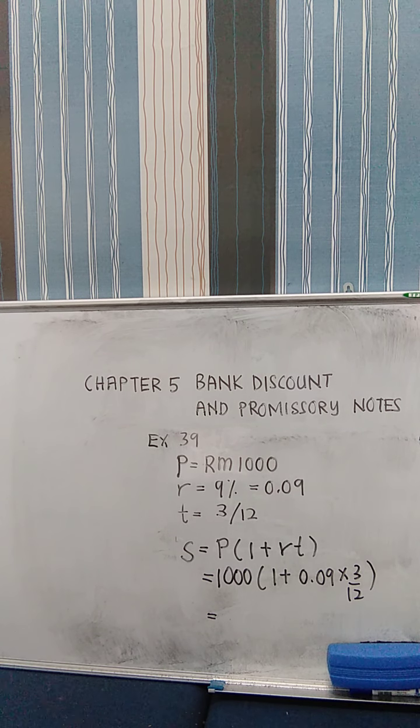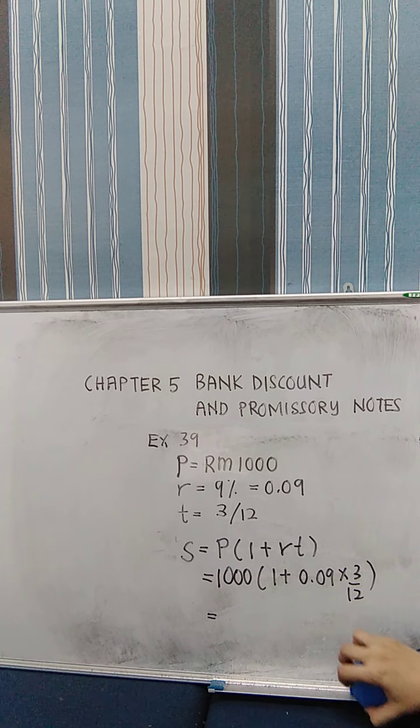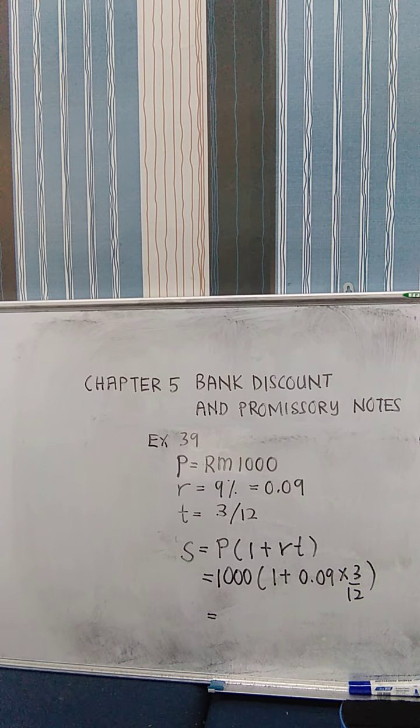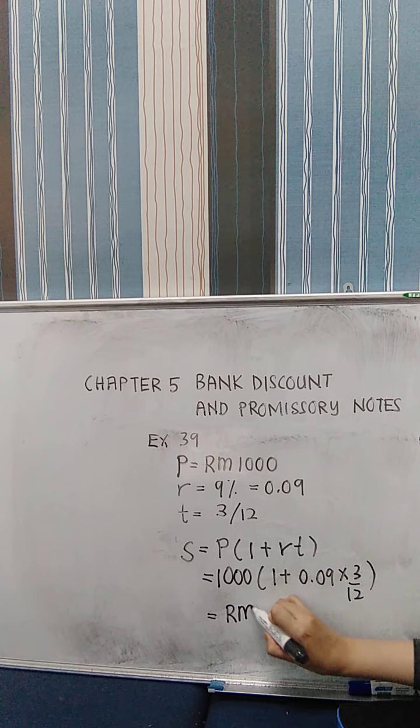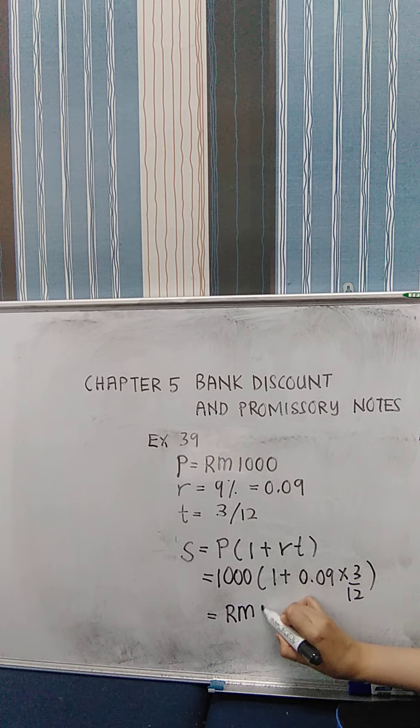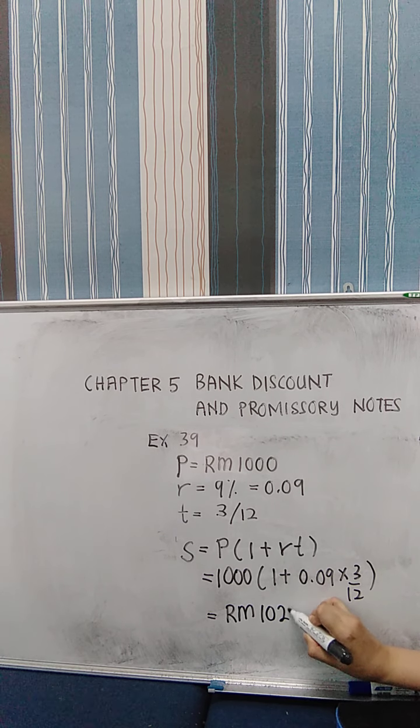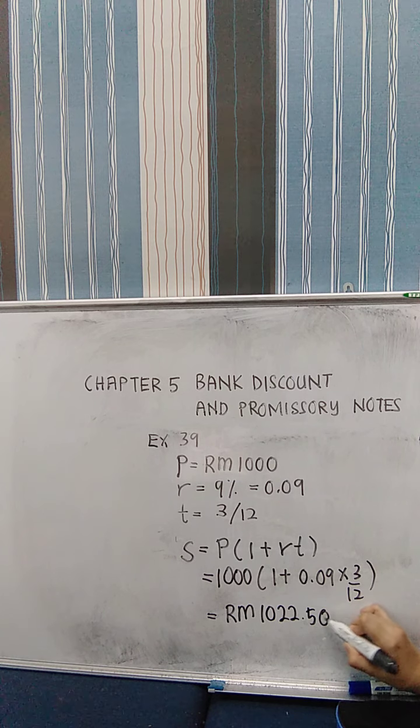Solve the bracket first: 1 plus 0.09 times 3/12. The answer is 1.0225, and then you multiply by 1,000. So the final answer for the maturity value is 1022.50.